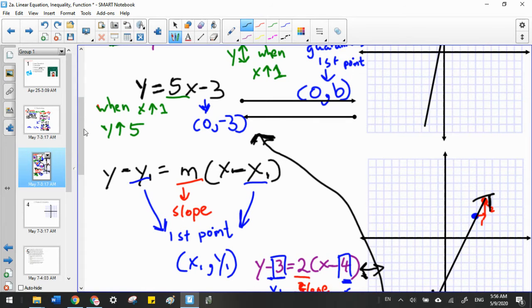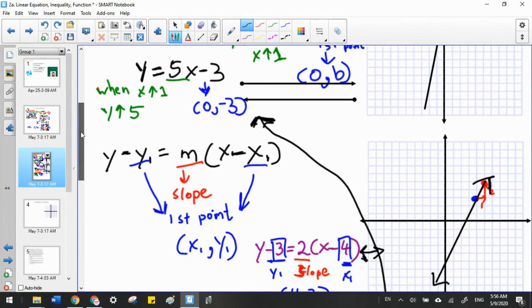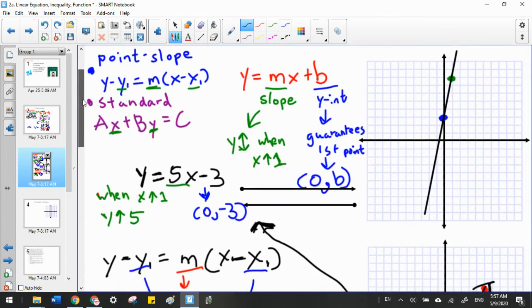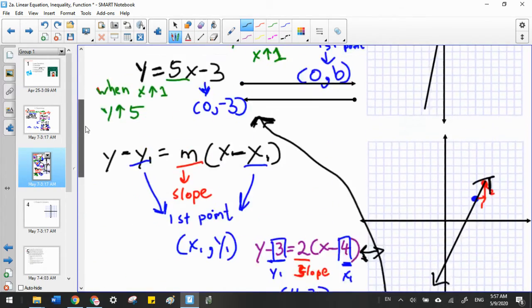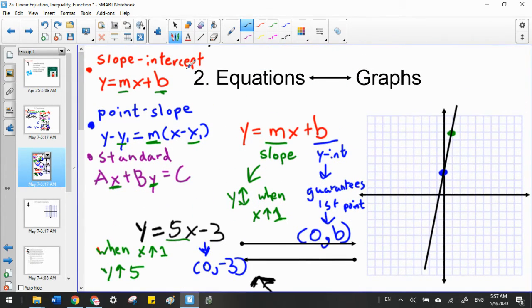And guys, I took all that time to do this whole explanation because I wanted you to understand that when you have these 3 different forms of linear equations, you're always being given enough information to graph the whole thing. You just have to make sure you know what you're supposed to know. Slope-intercept form always gives you the slope and the y-intercept.